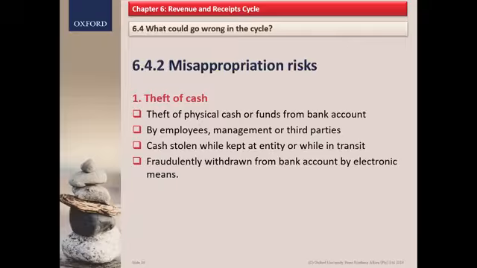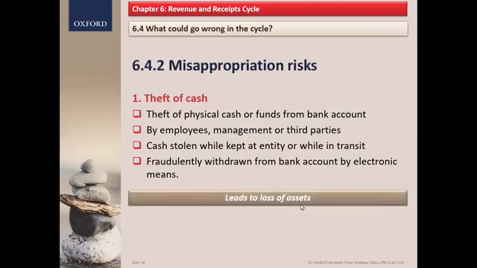Cash can also be fraudulently withdrawn from the bank account by electronic means. Those are the risks pertaining to holding cash. There will be some specific risks of misappropriation of cash, which we'll deal with. These things lead to loss of the entity's assets.